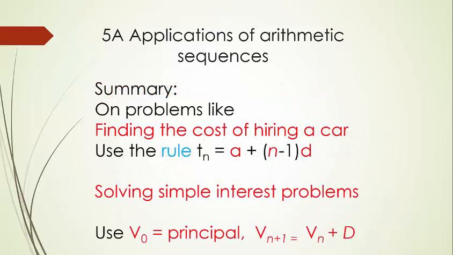So in summary of what we said so far, if you're doing problems which involve something like finding the cost of hiring a car, where you've got a starting value and then some additional costs, you can use the rule, which will take you straight to the 10th term. Solving simple interest problems, for now use the recurrence relation. V0 equals the principal, Vn plus 1 equals Vn plus d.